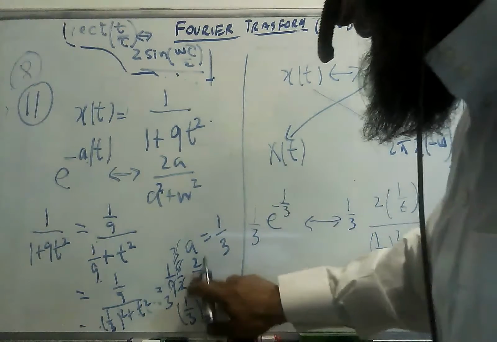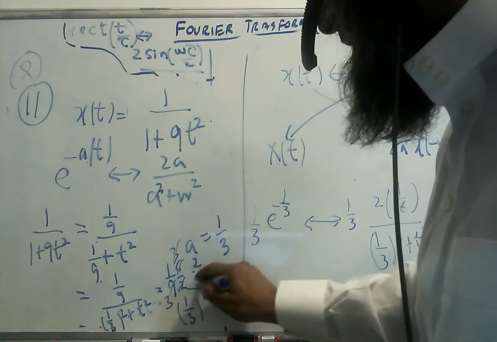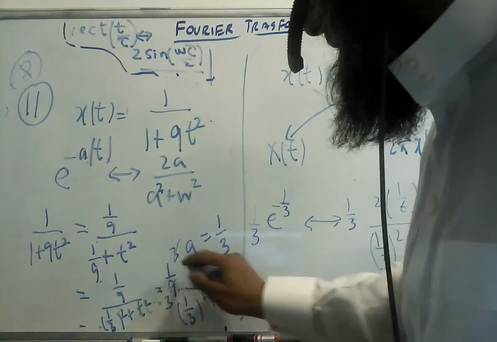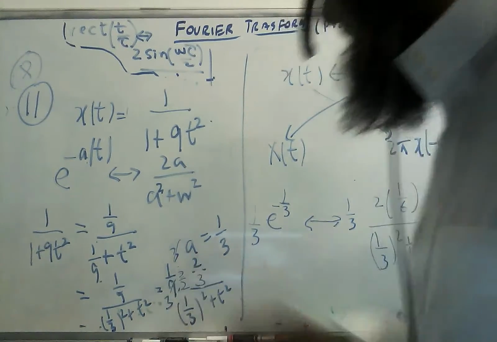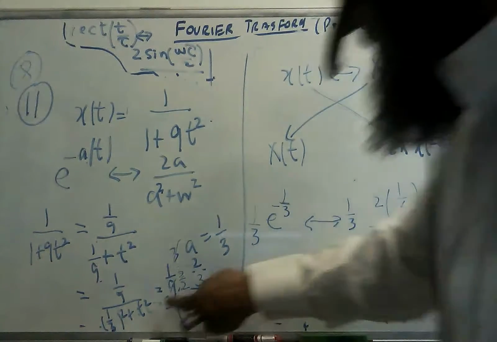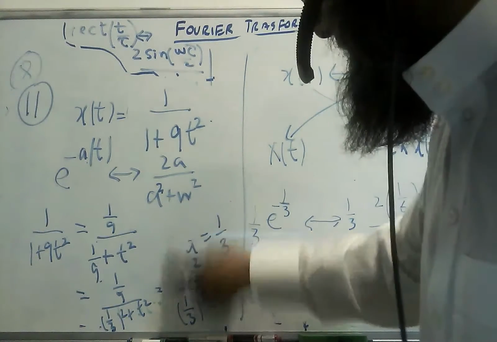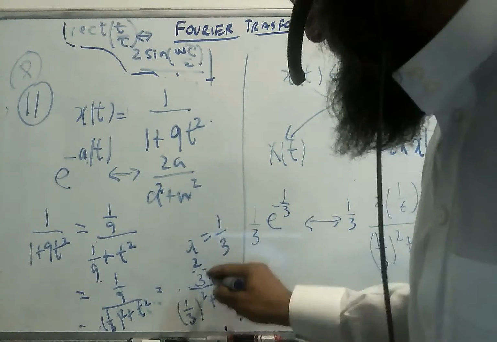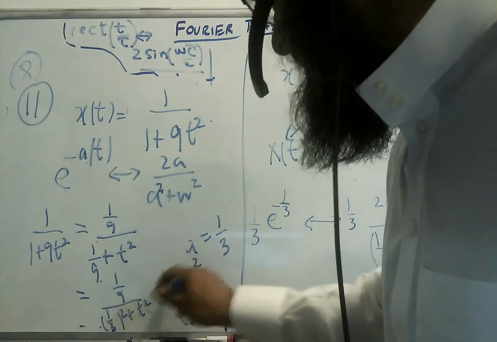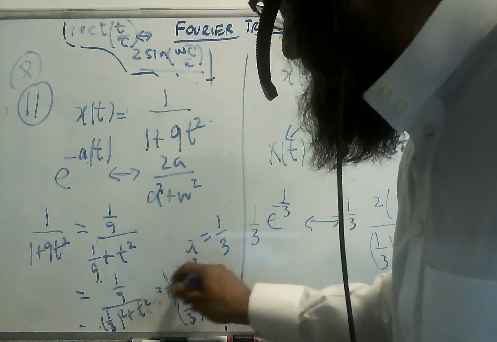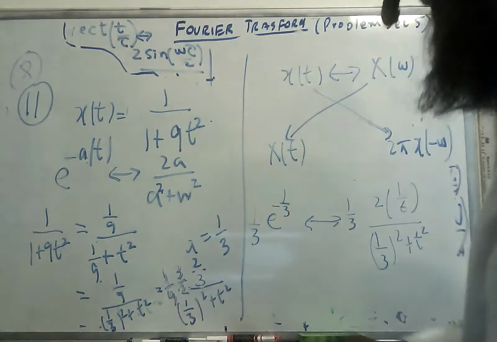2 over 3, I'm sorry, there is a mistake here. So it should be 2 over 3 and 3 over 2. So then it will be, sorry, there is a small mistake here. So it should be 2 over 3, but if I multiply it by 2 over 3, I also need to divide it by 3 by 2.